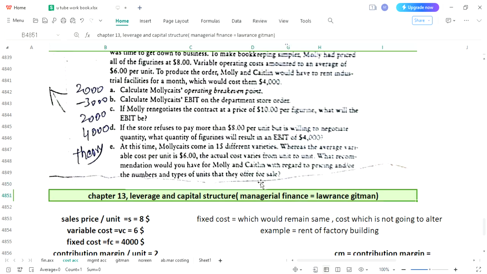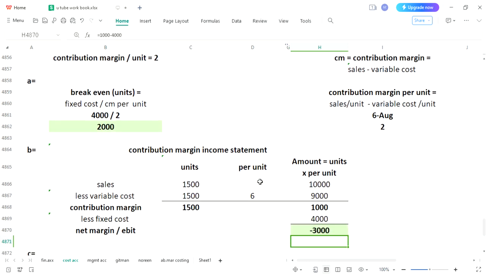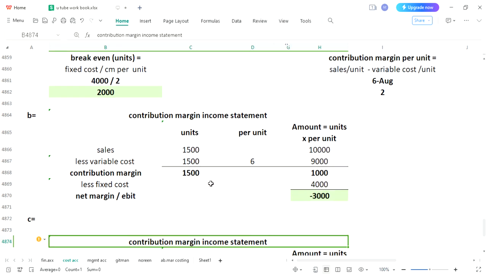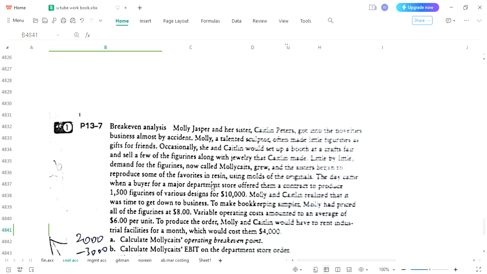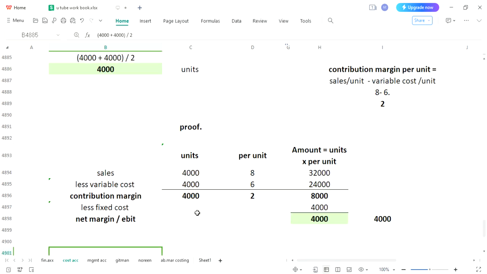So from our question we have learned that if we have put the $10,000 for 1500 units, that would be the wrong step. So first learning: we are asked in the question to comment about pricing, about numbers, and about types.